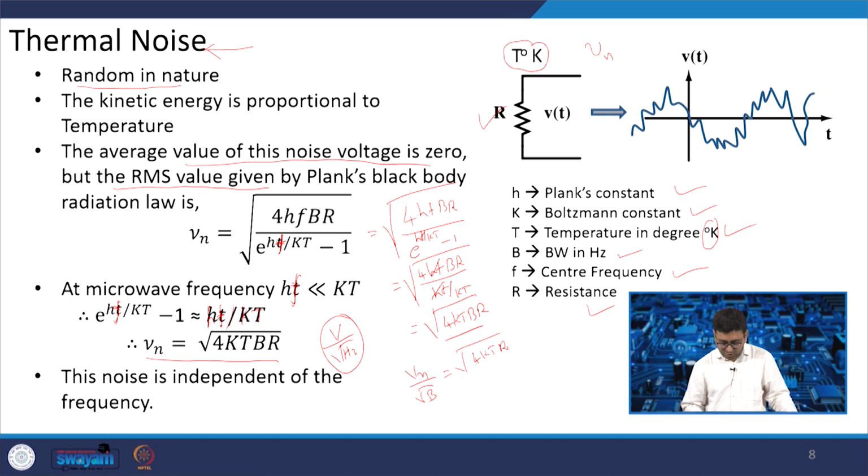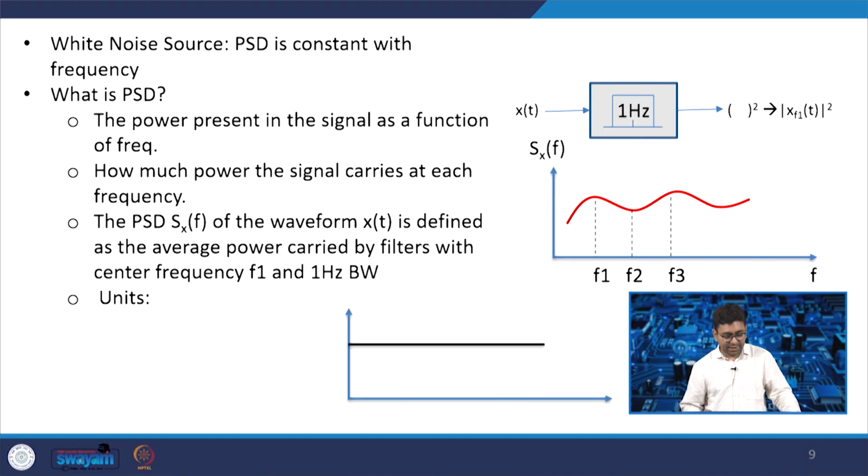We will see other units also in the next slide. Generally, these noise sources are defined in terms of power spectral density, and how the power spectral density is found out.